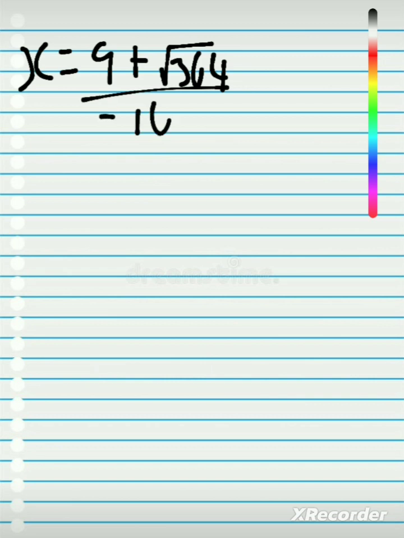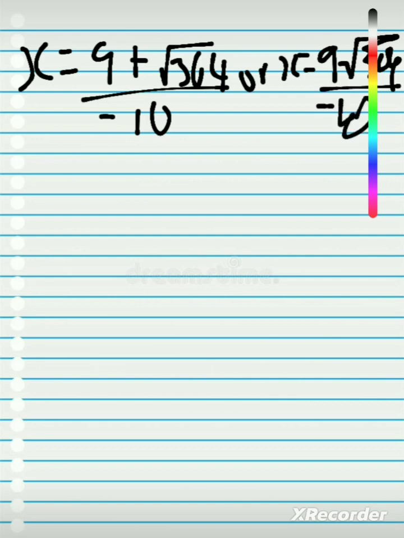x is equal to 9 plus square root of 304 over negative 10, or x is equal to 9 minus square root of 304 over negative 10.